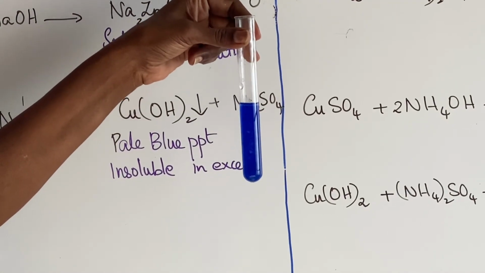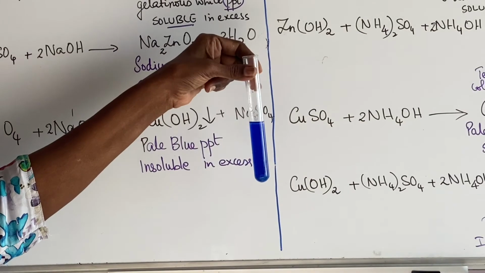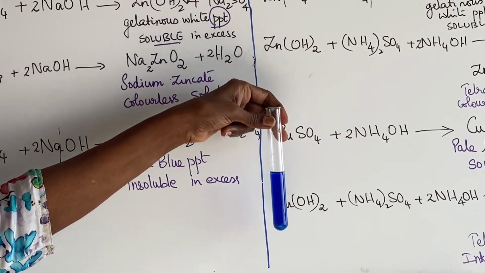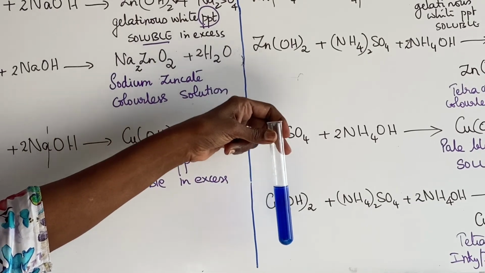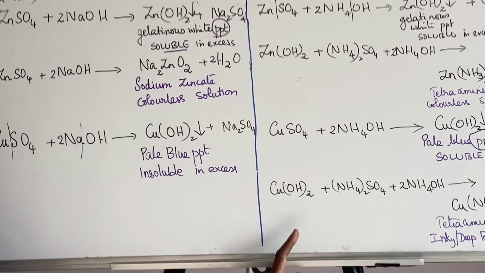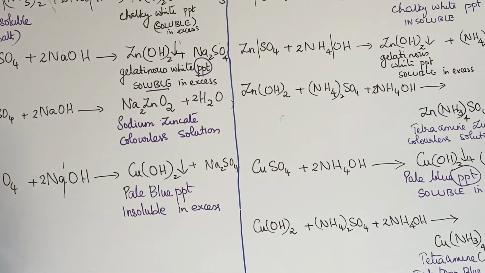See, the precipitate dissolves. The particles are dissolving slowly and you get a deep blue solution. Okay, so these are the different color changes that we get with the different salts.